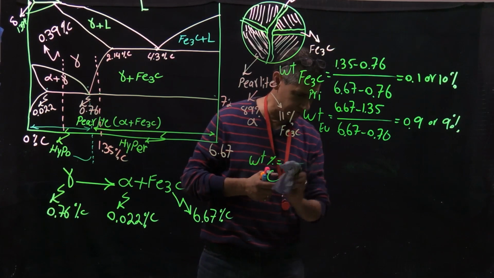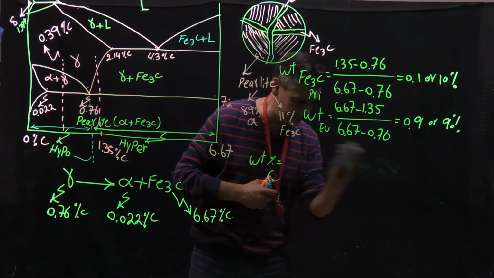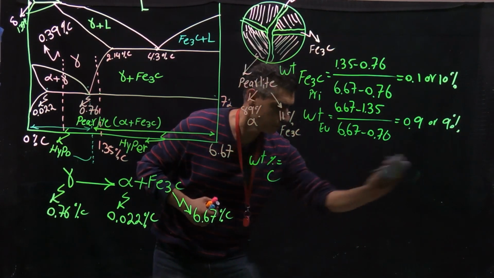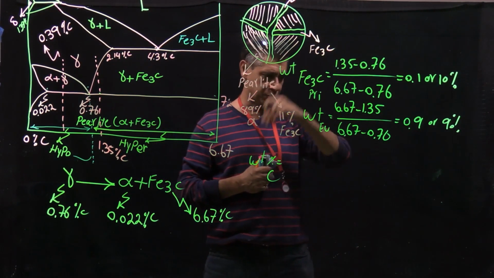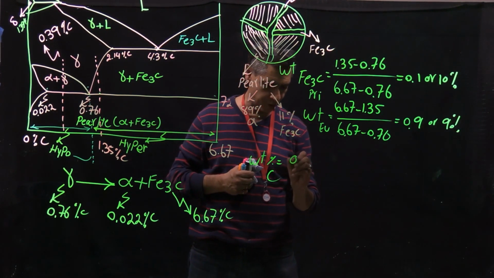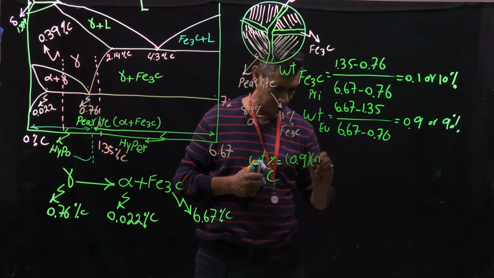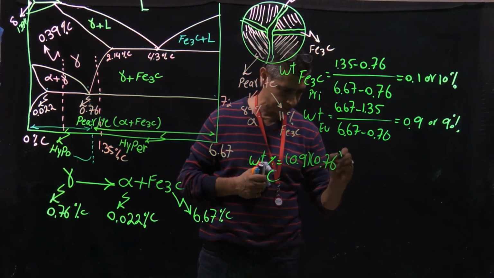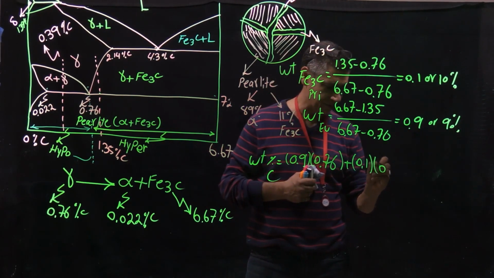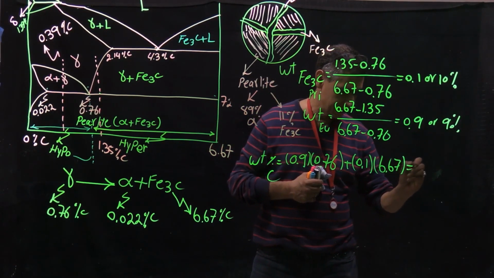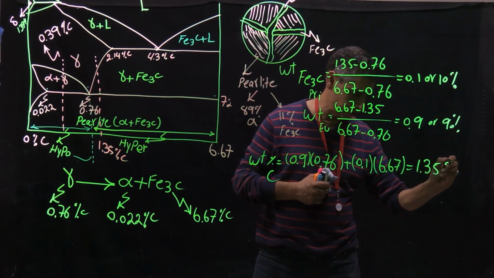So I have obviously 90% of my austenite, which becomes perlite, so it's 0.9 multiplied by 0.76 plus 0.1, 10% I have cementite, and this value becomes 1.35.